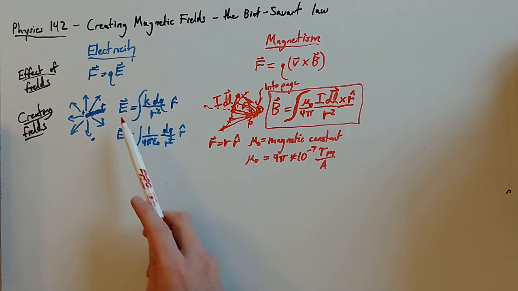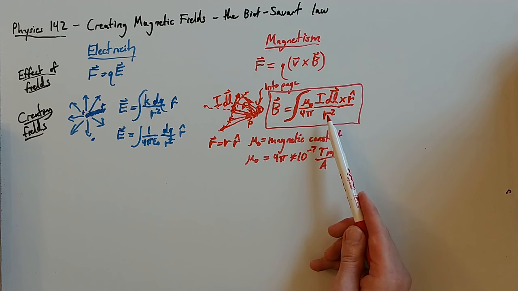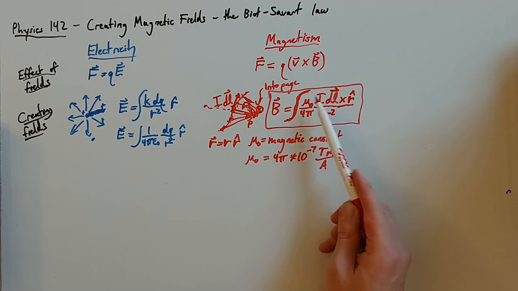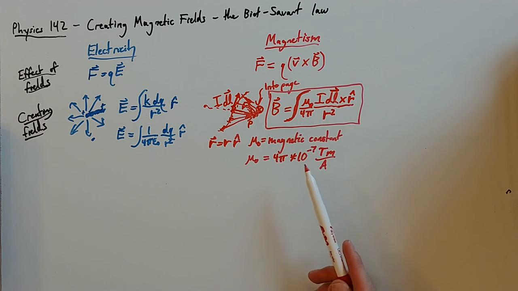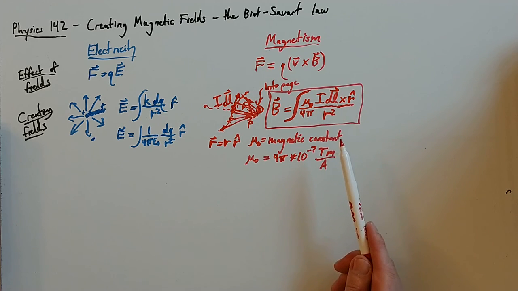K times q over r squared, that gave you electric field. Here it's going to be the amount of current over r squared, and rather than k, our constant is mu naught over 4 pi, and we have this little extra trick that takes into account the direction. So we'll want to do some examples of this, and I'll do a bunch of examples in future videos.